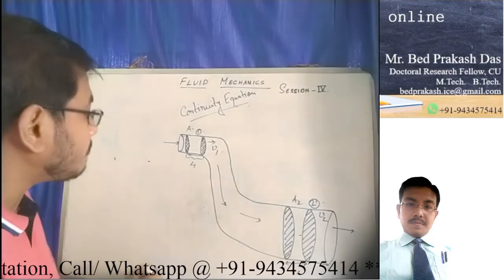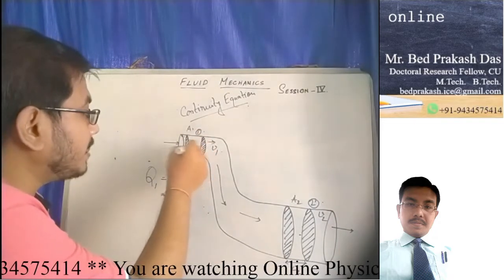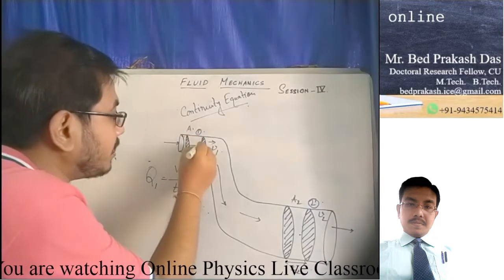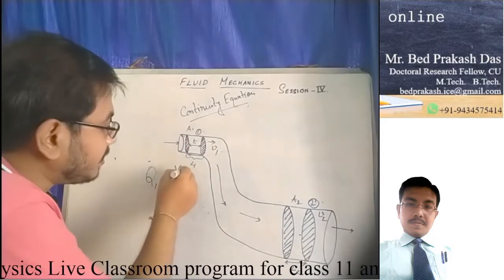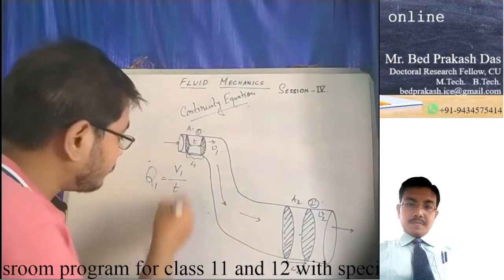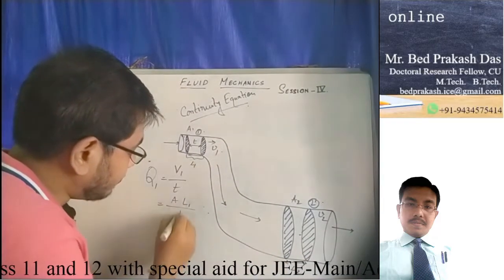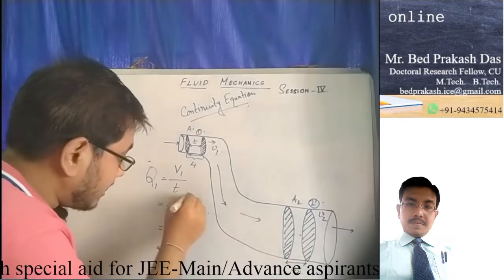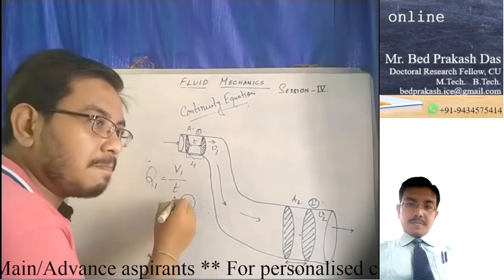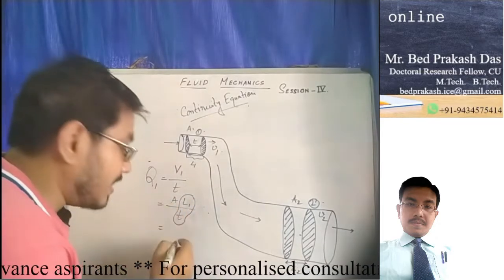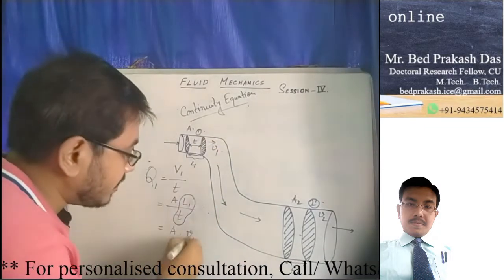The volume displacement is shown as this for section 1. The fluid is taking time t to pass this section with volume V1. This volume can be written as cross-sectional area into length, divided by time. Now this length by time term is actually the fluid displaced in unit time, that is the velocity of the fluid in this section, that is v1.